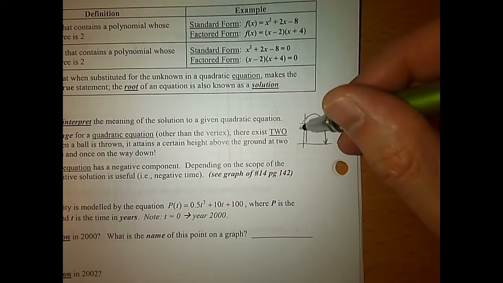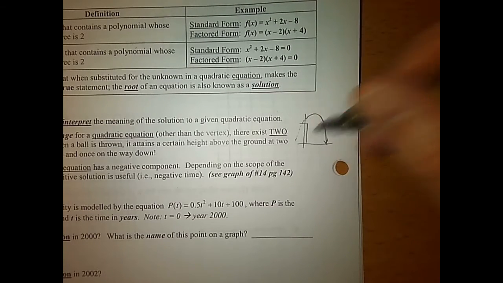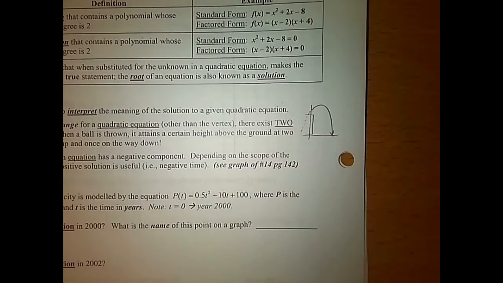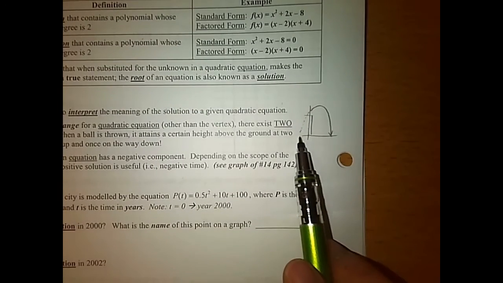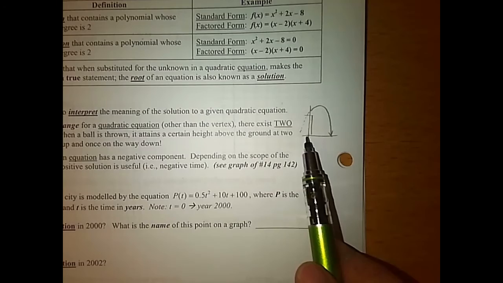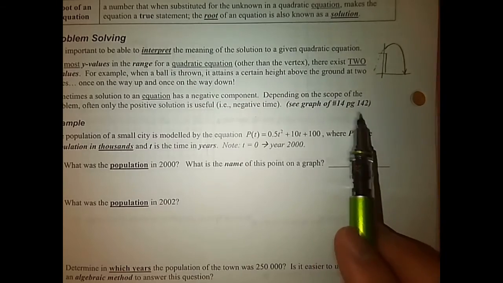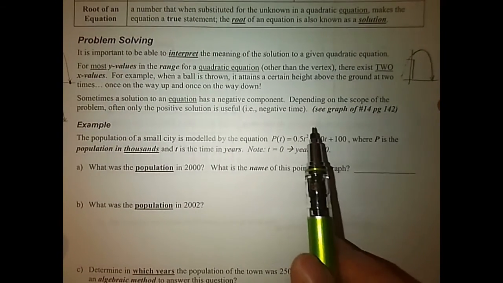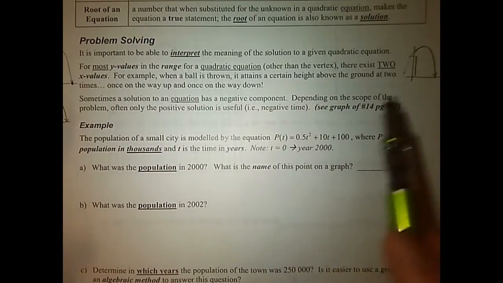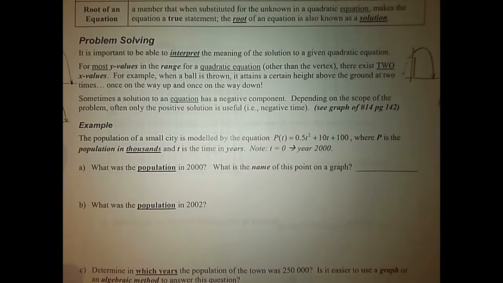There's a negative component here, but we don't count it because we're going to have a negative time there. Since we can't really have negative time, we wouldn't consider that in our scenario. We see another example on page 142, number 14. That's another example where we might have a negative component, but we might not actually count it for the question.